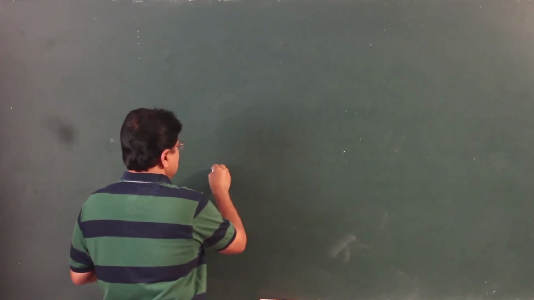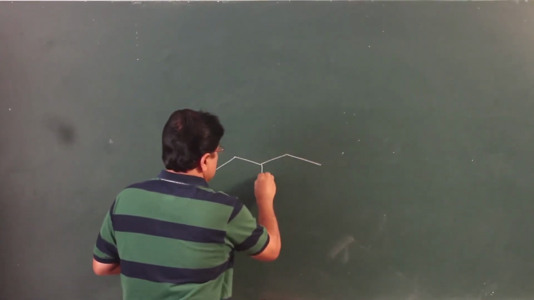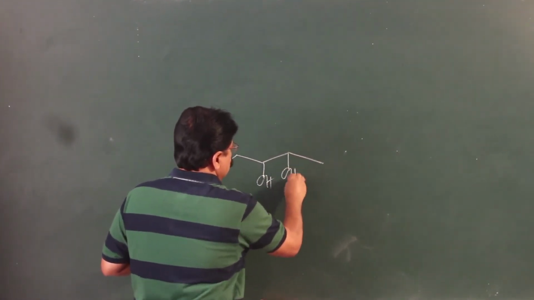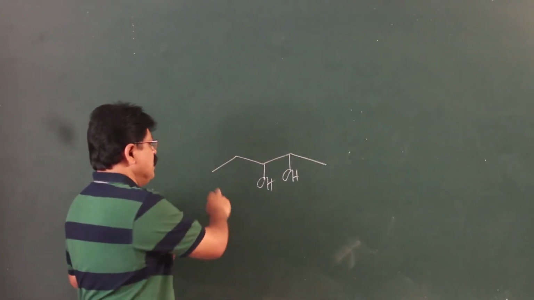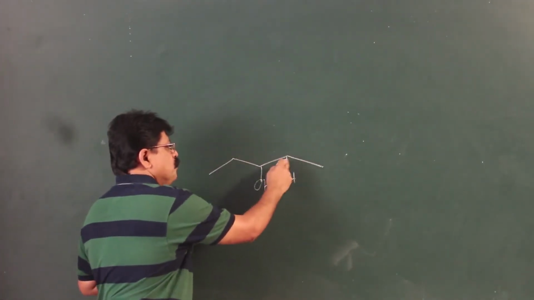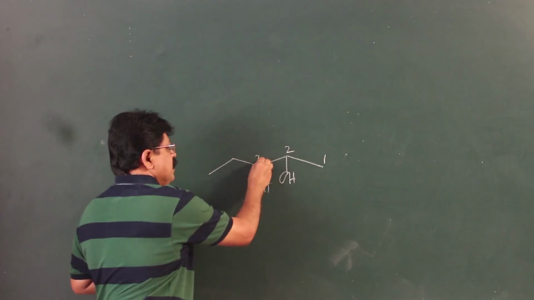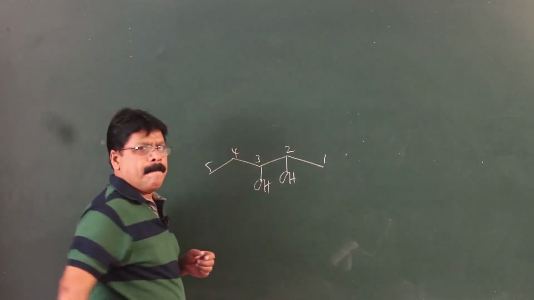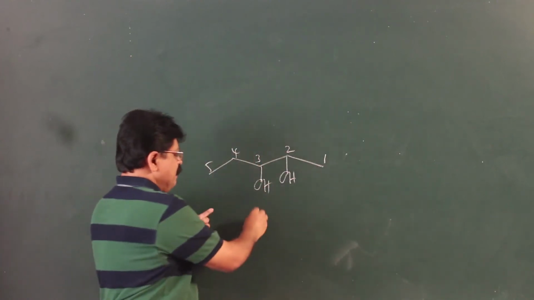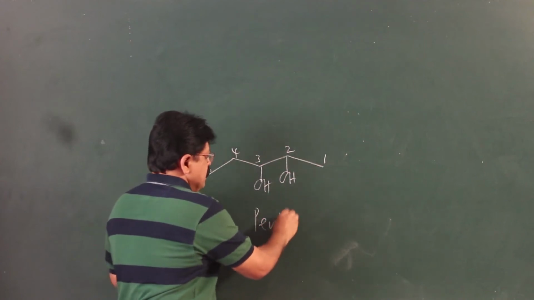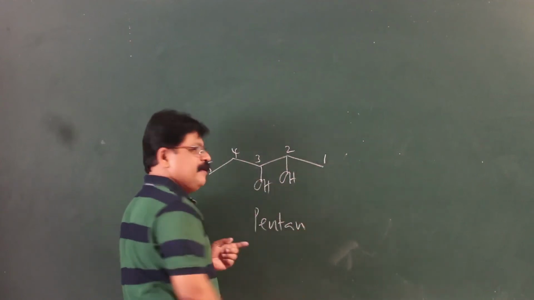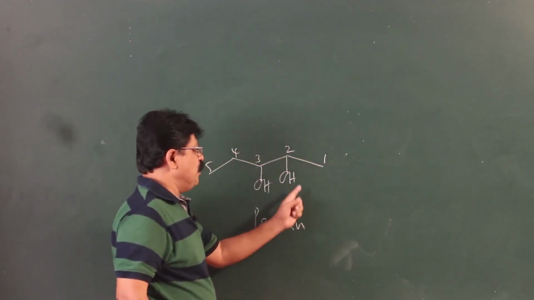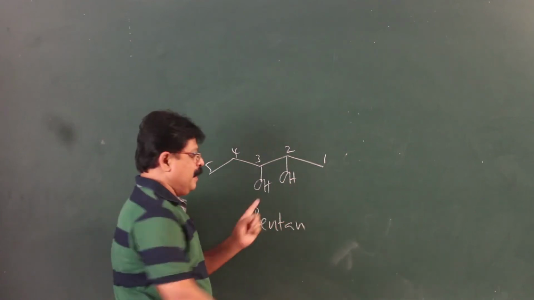Another interesting example is this. There are 2 OH groups. You have to put numbers 1, 2, 3, 1, 2. So, you start numbering from this end. What will you call a 5 carbon system? Pent. Single bond, ane. Instead of E, you have to write OL.